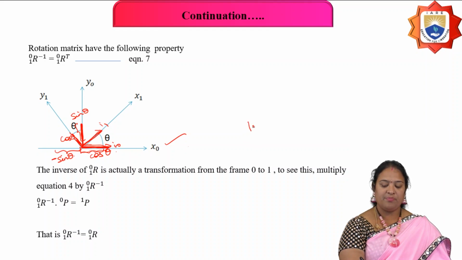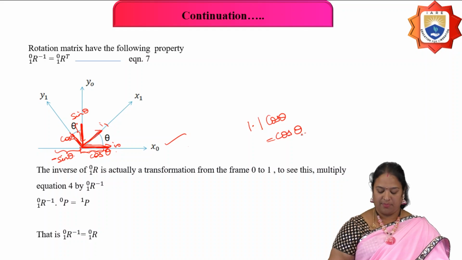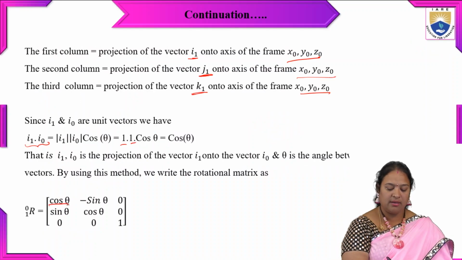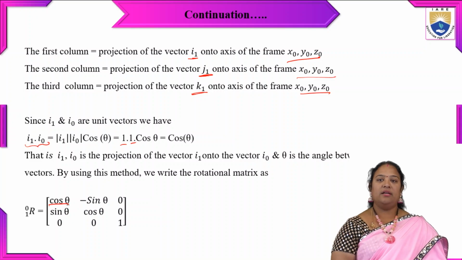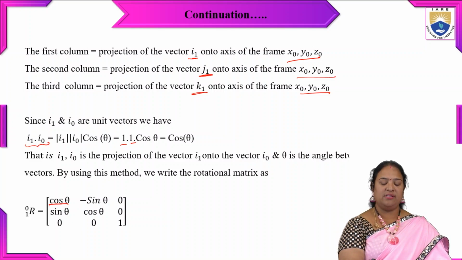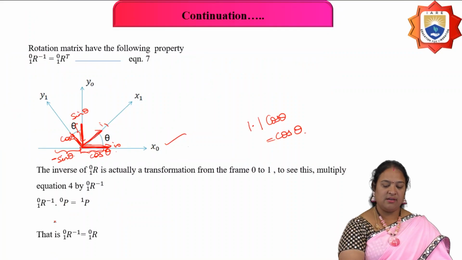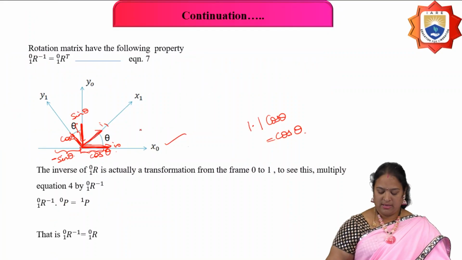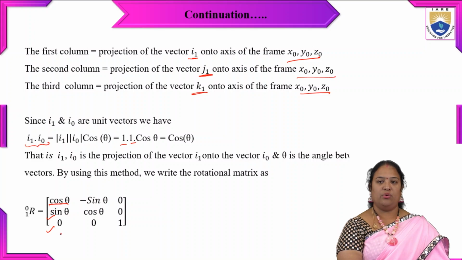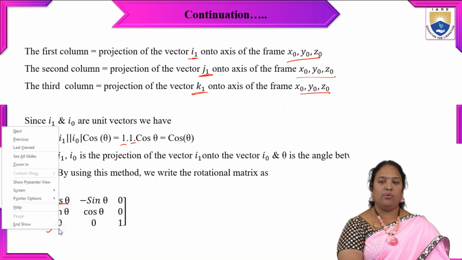So, I1 into I0 into cos theta is nothing but cos theta. That is represented here. In the same way, for the next one we will be getting sin theta. And for z, since it is a two-dimensional plane, z0 will be equal to 0.